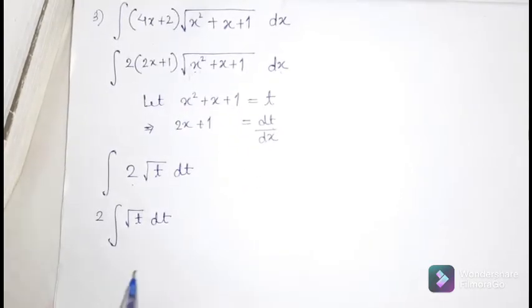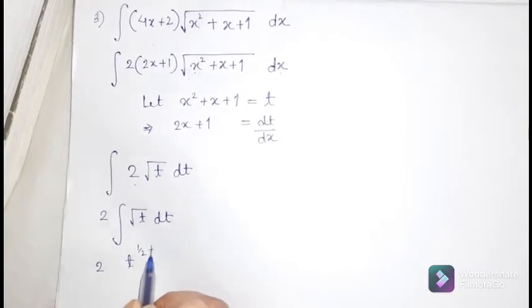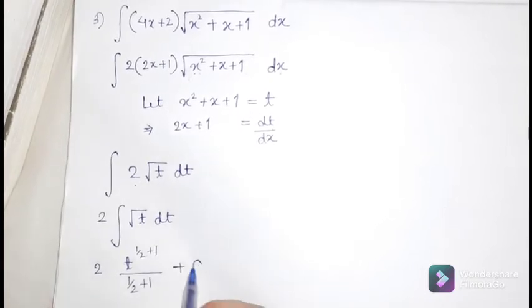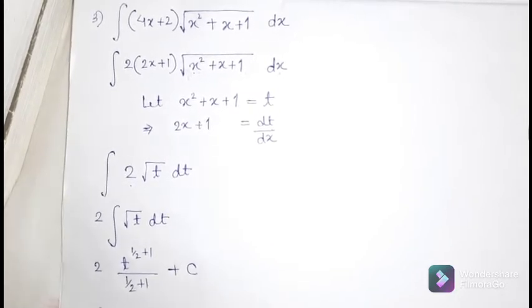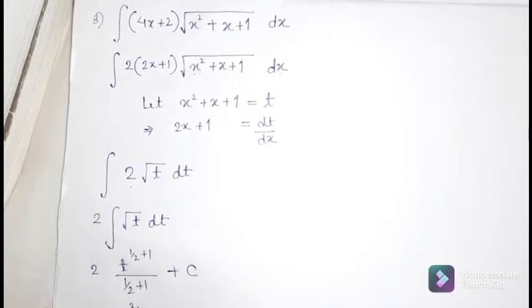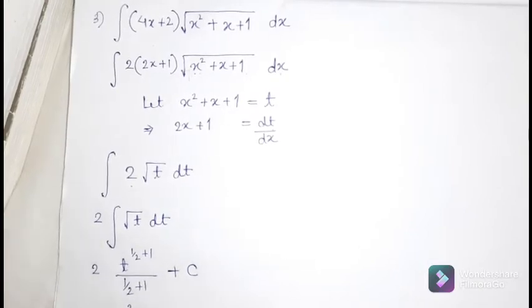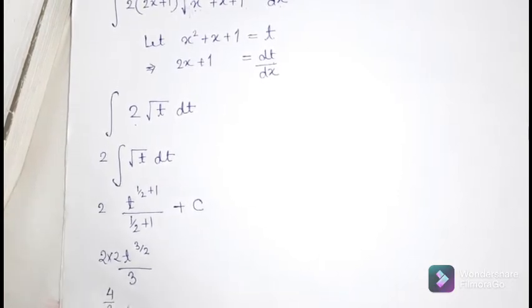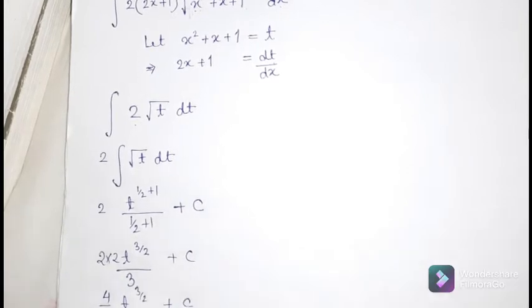Here n is minus half, so it becomes t to the power minus 1 by 2 plus 1 divided by minus 1 by 2 plus 1, plus c. So it becomes 2 t to the power 1 by 2 divided by 1 by 2. Here it gets multiplied by 2. So ultimately we get 4 t to the power 1 by 2 plus c.